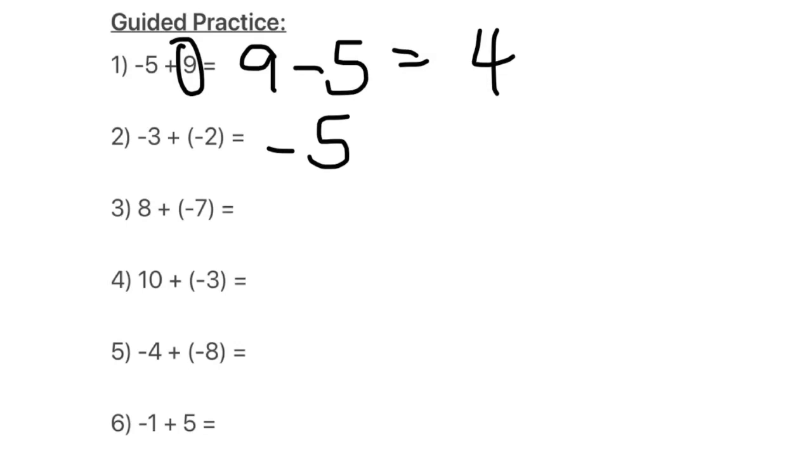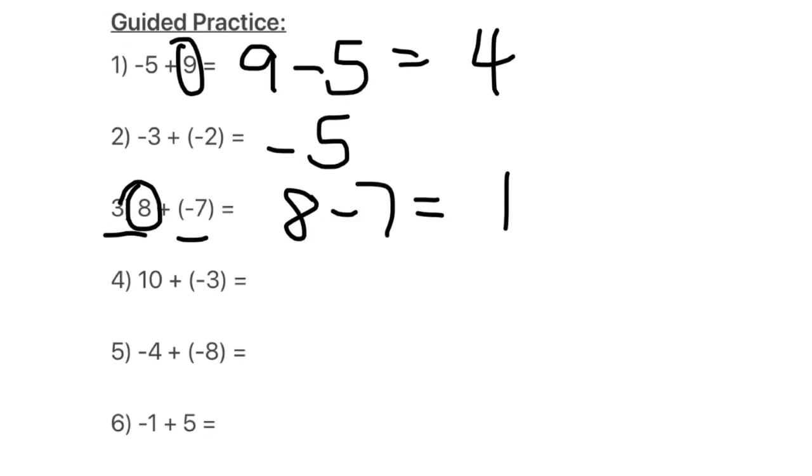So number 3, again, is an example of 1 positive and 1 negative number. So you can take the absolute value of each, 8 and 7, and subtract the smaller number from the larger number. 8 minus 7 is 1. 8 is a larger absolute value. 8 is positive, so my answer is +1.